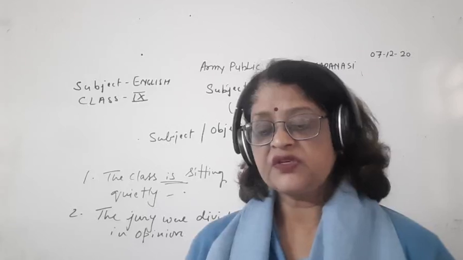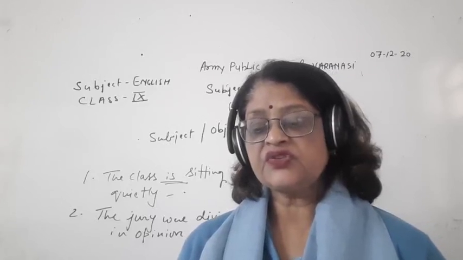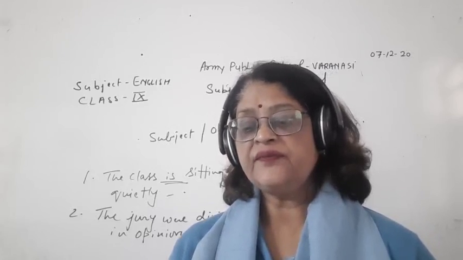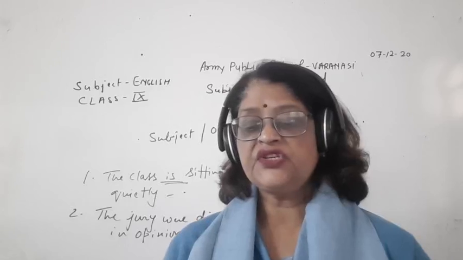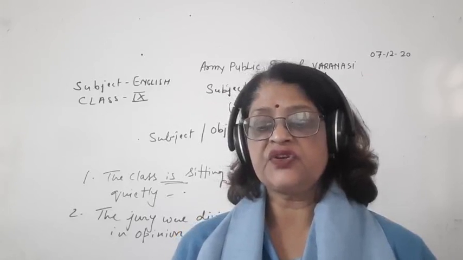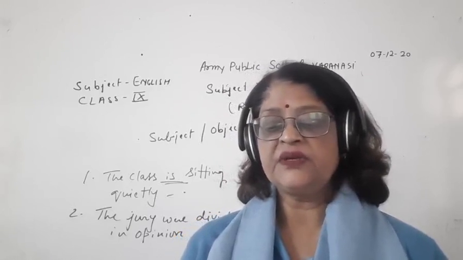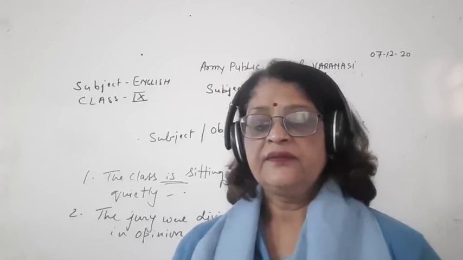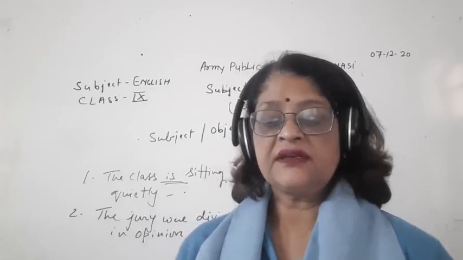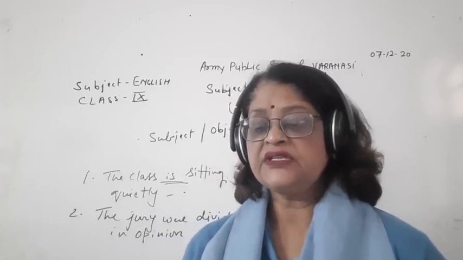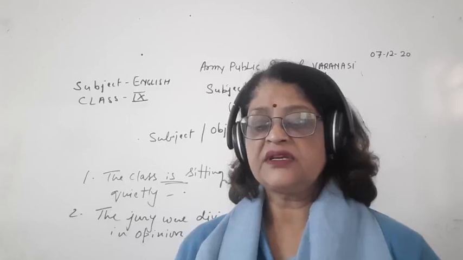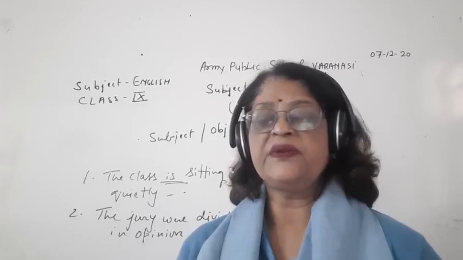Then children, certain nouns such as clothing, food, furniture, crockery, cutlery, stationery and footwear are singular, and the verb therefore should be singular. So these are the items which are taken as singular.